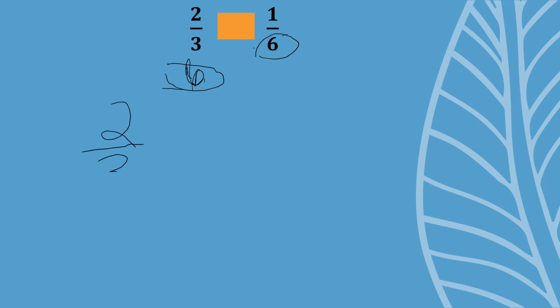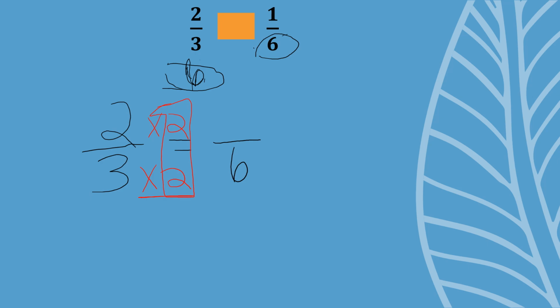I have 2/3, and I see that I want my new denominator to be 6. Okay, so I can multiply 3 times 2. Whatever you do at the bottom, you want to do it to the top. So times 2, because I have to have a whole fraction in order to make an equivalent fraction. So you have to use the same number.